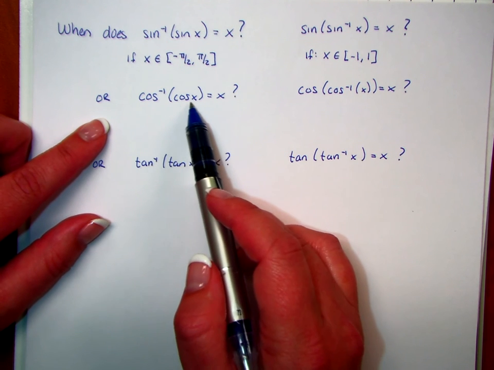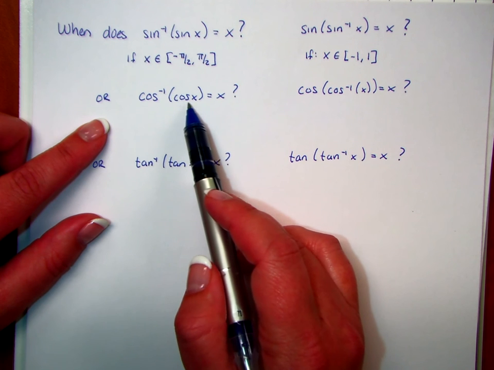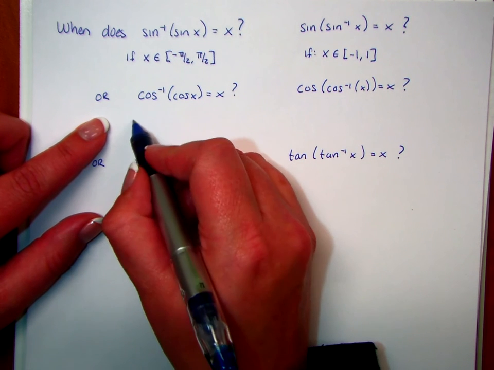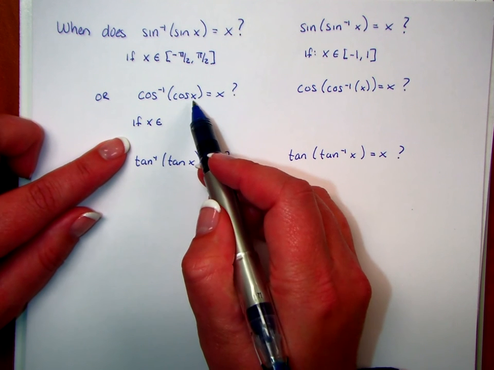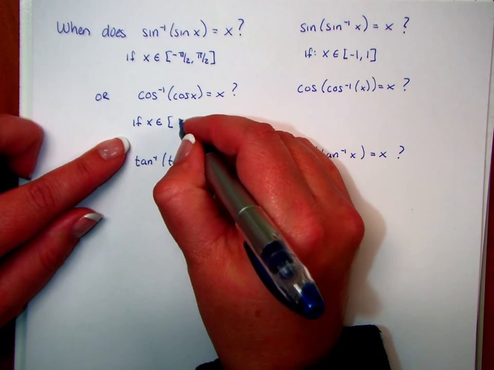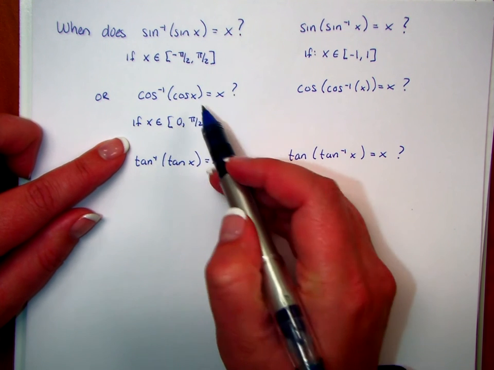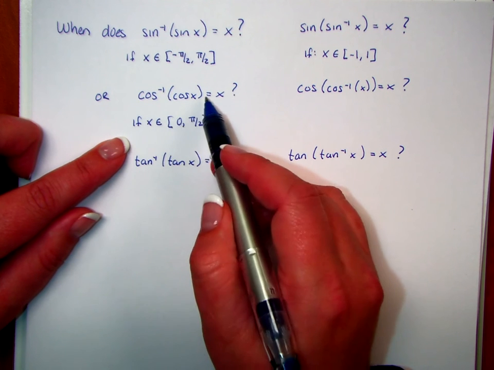Cosine inverse of cosine: cosine x is on the inside. We have to think about what the restricted domain of cosine was. These will cancel if x is in the restricted domain of cosine, which is quadrants 1 and 2, from 0 to pi. If x is between 0 and pi, then these will cancel and we just get x out.